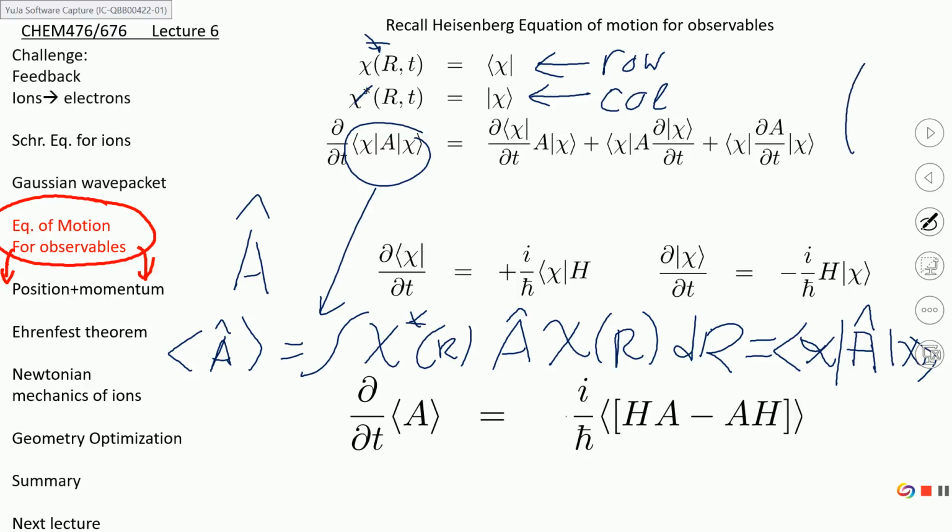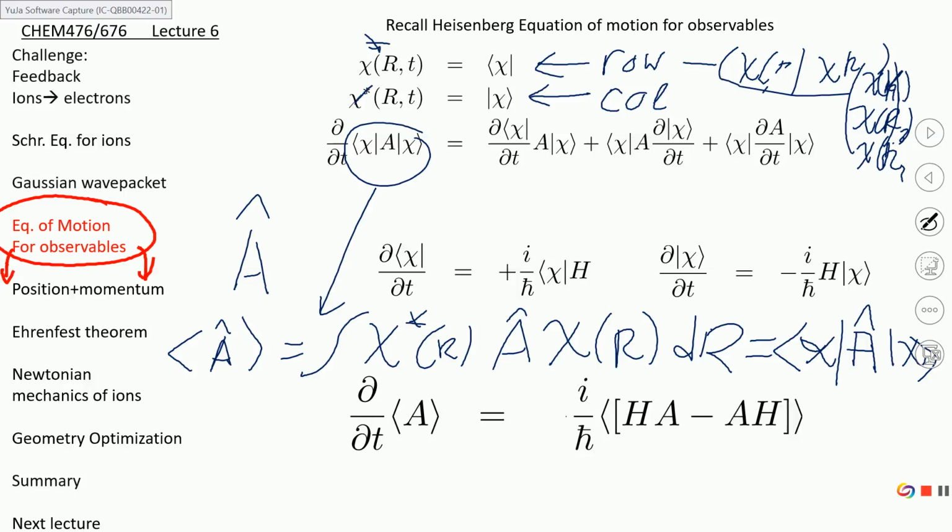So which means chi of R1, chi of R2, chi of R3. And here the same is chi of R1, chi of R2. So it's the same numbers, elements of this function, but they are written either in row or column form.